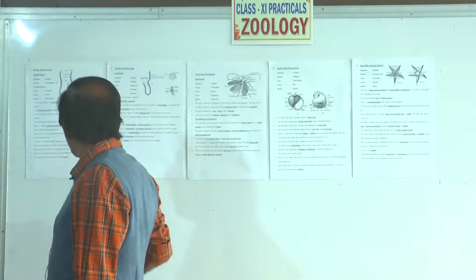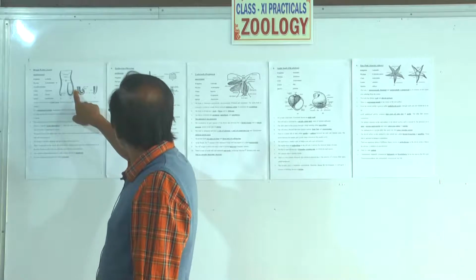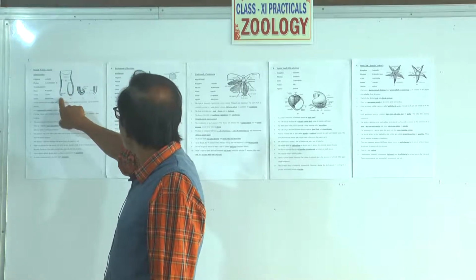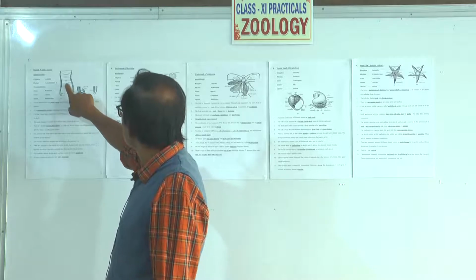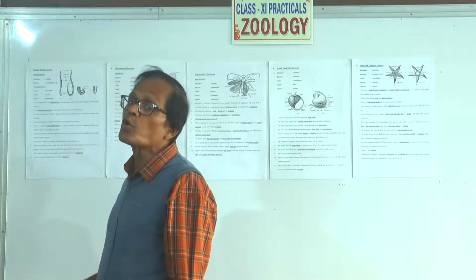There is a gonopore on the ventral side of the female. This is the female and this is the male. Look at the male's posterior end, it is curved. This is relatively straighter. In the female, there will be gonopore.